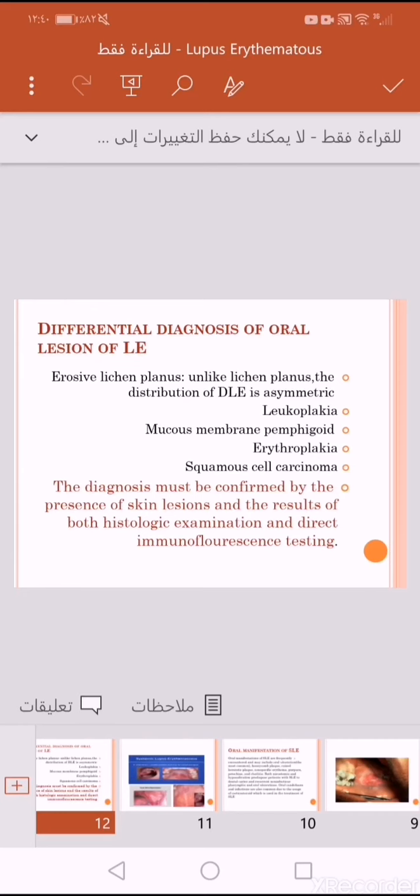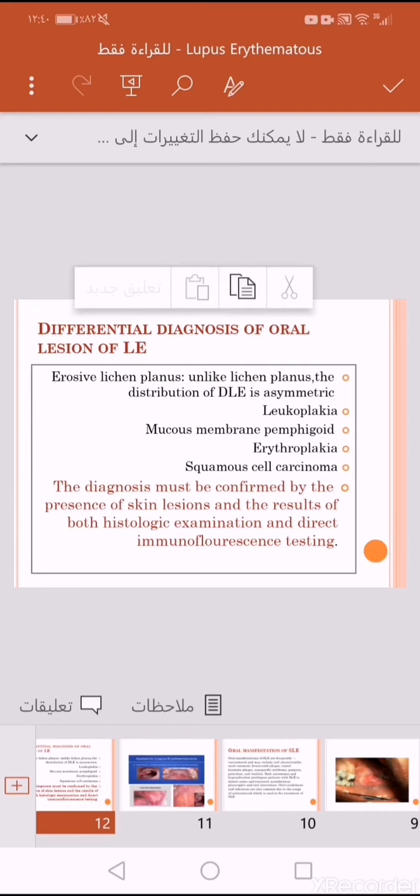This is the differential diagnosis of oral lesions of lupus erythematosus. As we saw in the figures together, from the figure we cannot make a definite diagnosis just from looking at the mouth of the patient, because these figures can make us more suspicious of leukoplakia, lichen planus, mucous membrane pemphigoid, erythroplakia, and squamous cell carcinoma.